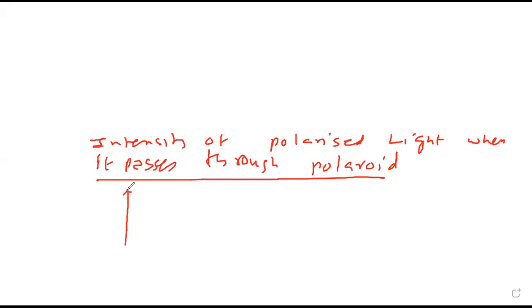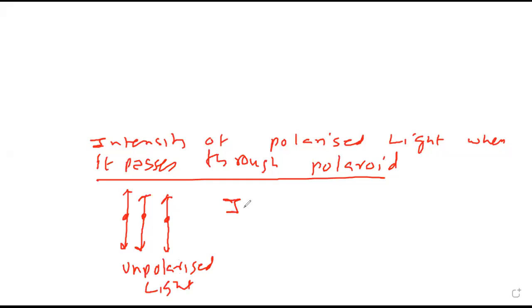See, unpolarized light is represented by the resultant of two vibrations. One is vertical, the other is horizontal, going into the plane. This is called unpolarized light.